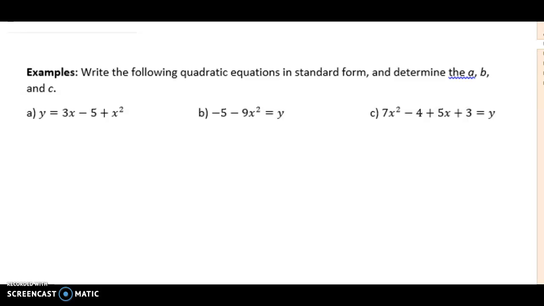All right, so when we're talking about writing something in standard form and finding the a, b, and c, we want to write it with the exponents in descending order.